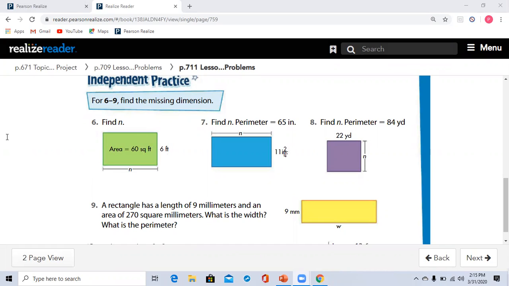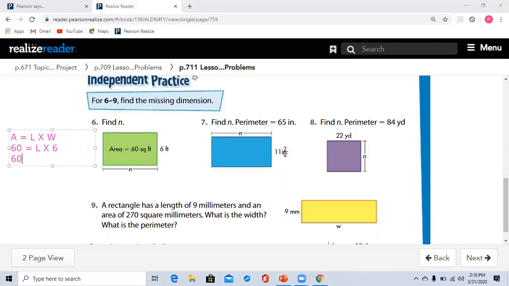This is very easy if we know that the formula for area is equal to length multiply width. So if the area is 60, and I don't know what the length is, I multiply that with 6. Because I'm multiplying with 6 on this side, I now need to divide it on the other side.